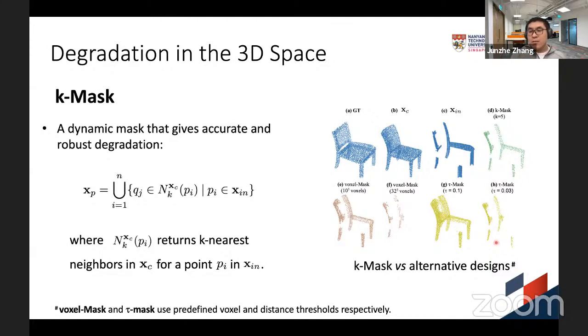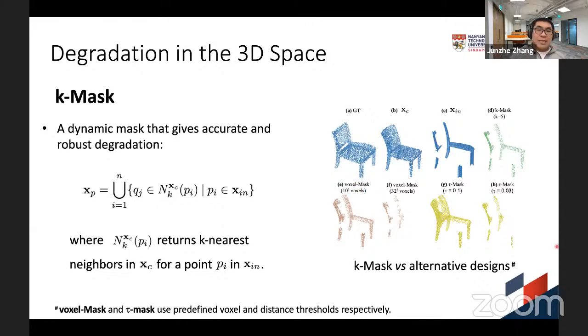After the tau mask, a lot of regions are filtered out accidentally, right? And with the same logic, maybe we can have a larger distance threshold. We make a larger tau. Then this issue happens again, similar to the voxel mask, right?